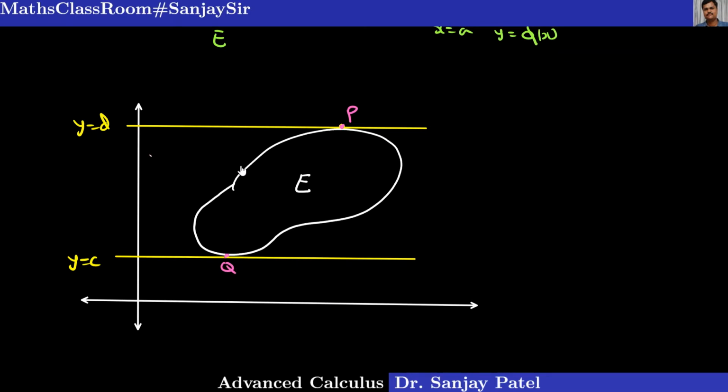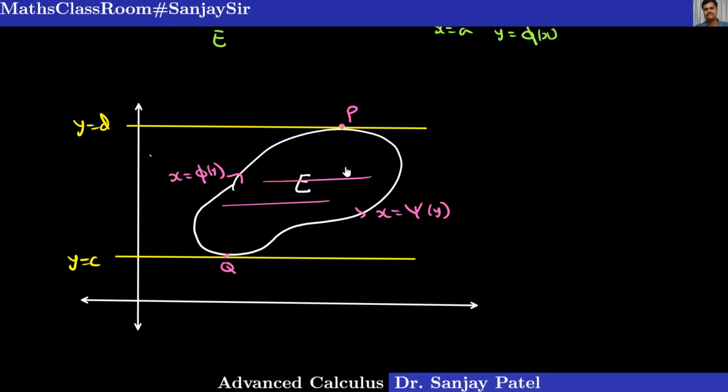Then this curve is given by x equal to phi of y, and this curve is given by x equal to psi of y.